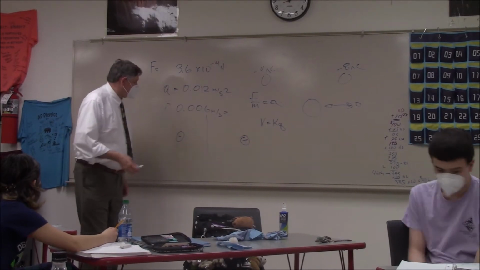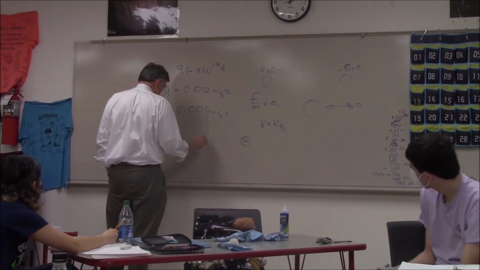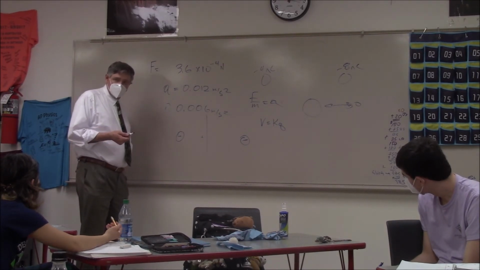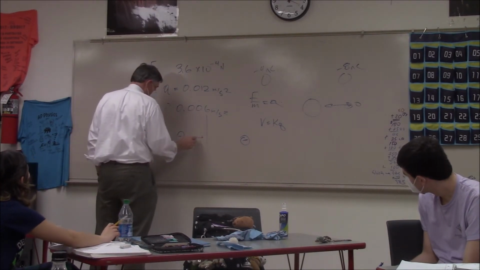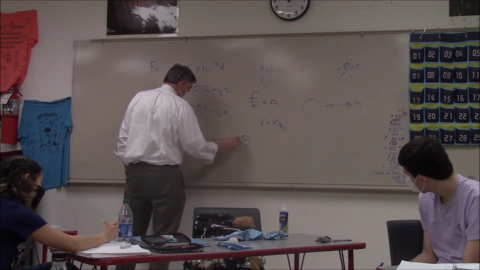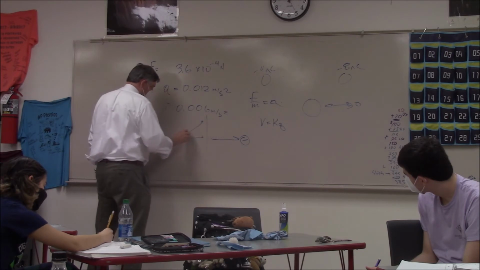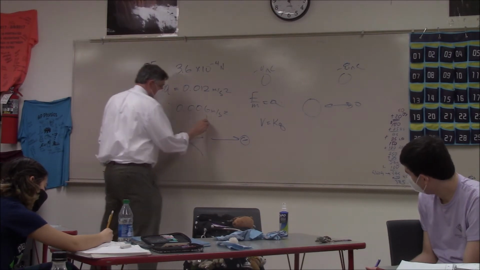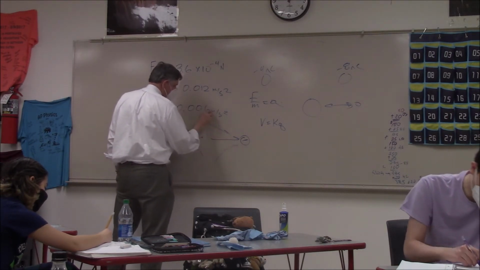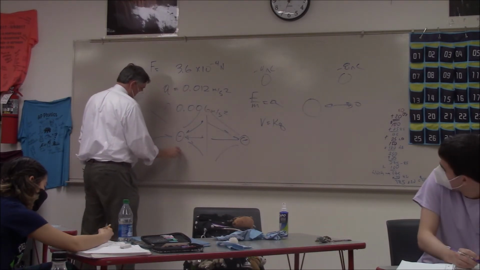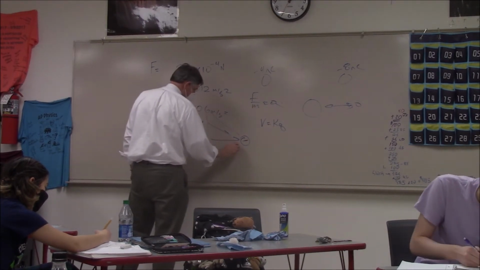So if you put a positive test charge right here, what direction is it going to go? It's nowhere. If you put one here, what's it going to do? Nothing. So what I'm looking for on your field lines is something like this.